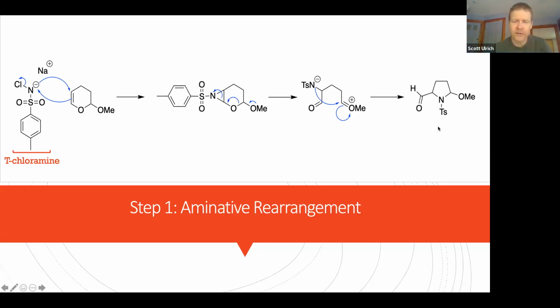So that sort of spring-loaded second step is certainly driven by the ring strain? Just opening that ring strain. And the other thing, I don't know if you all noticed that this just keeps happening, that we're seeing a lot of reactions at carbons that look like acetal carbons.